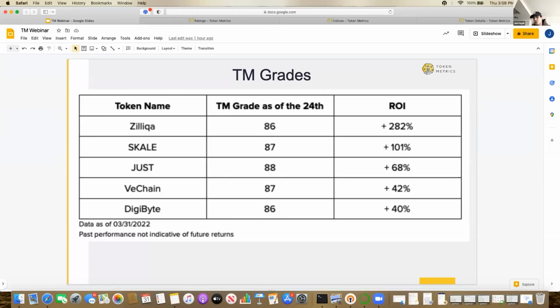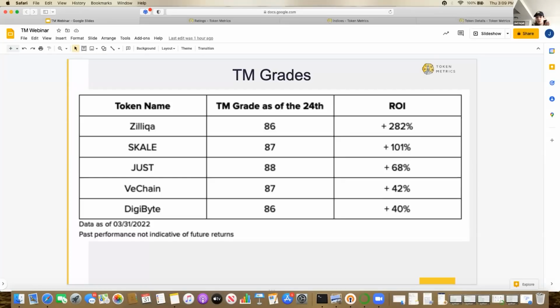Yes, exactly. So during that time, in the beginning of March, we started seeing Waves popping up in our Token Metrics indices, which I will show you guys in a little bit and explain what the Token Metrics indices are. But essentially, we started seeing Waves at $12 being picked up in our portfolios because it had a very high TM grade, while the rest of the market wasn't doing that well.